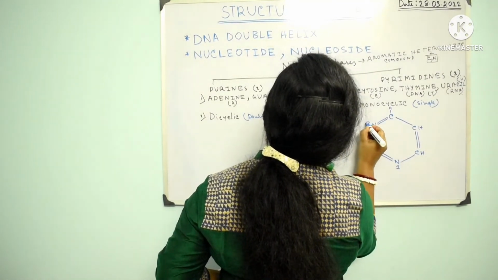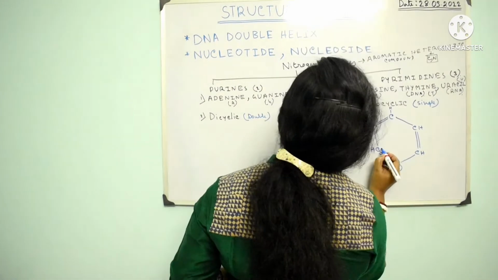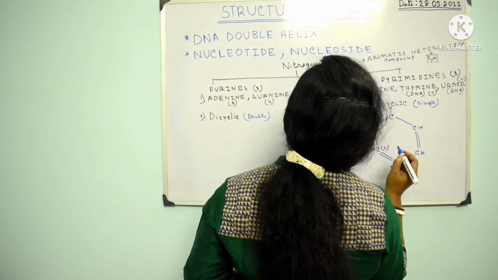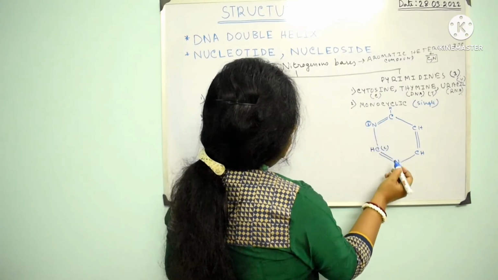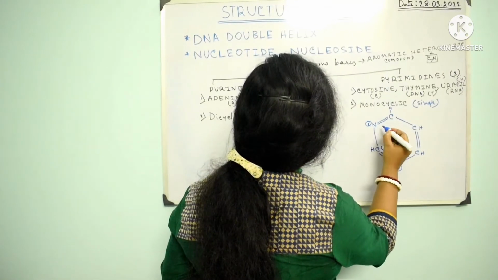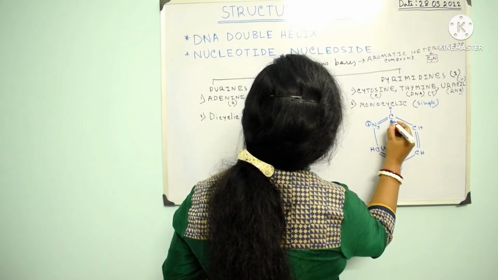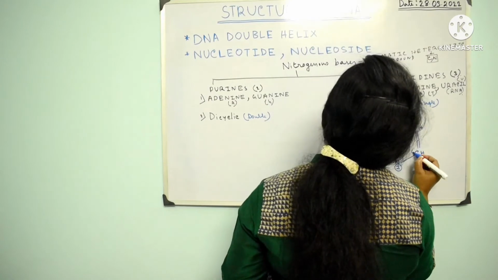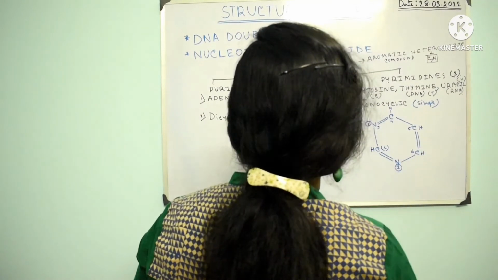This is N3. And this is position number 2. This is first carbon and this is second carbon, and here carbon positions 4, 5 and 6. This one is the pyrimidine ring.